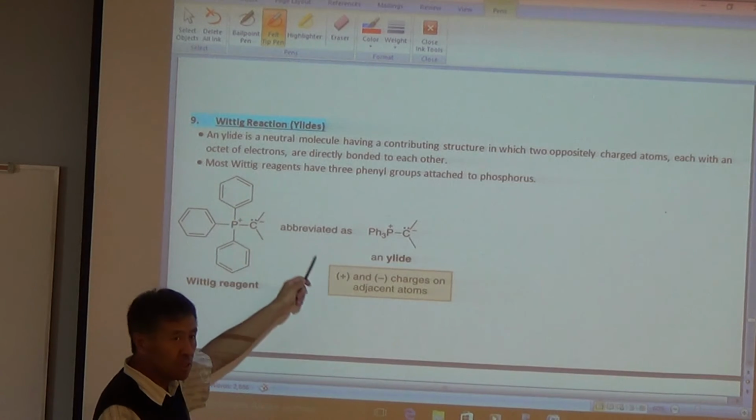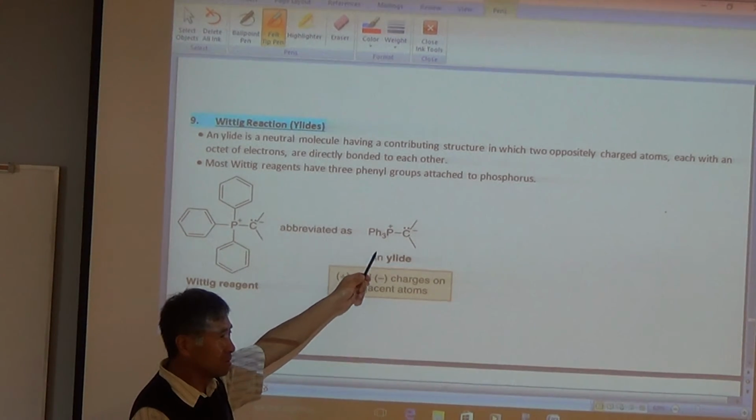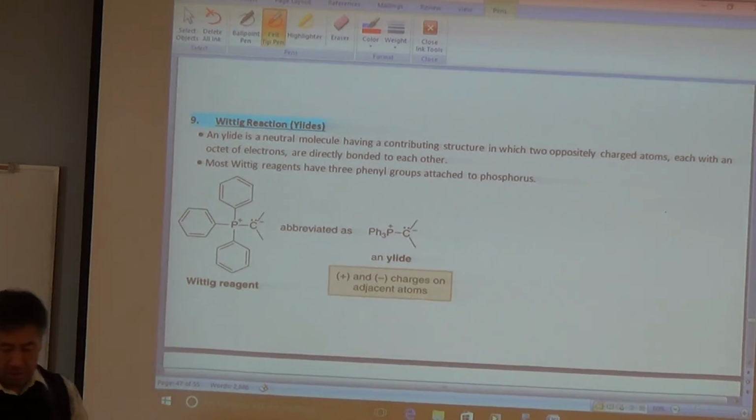So 1, 2, 3, therefore it's Ph3. It's a very, very active reagent.